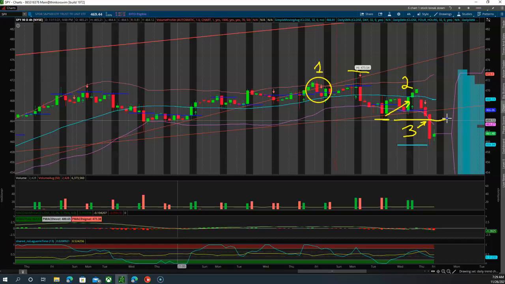Then you have your intermediate trend. That's anything from your 4-hour time frame up to daily. And then you have your long-term trends, which is weekly to monthly. So right now I'm letting you know that the intermediate trend has been broken.